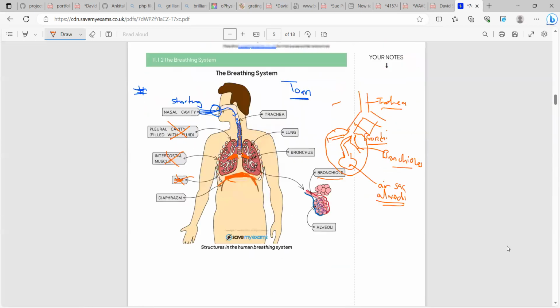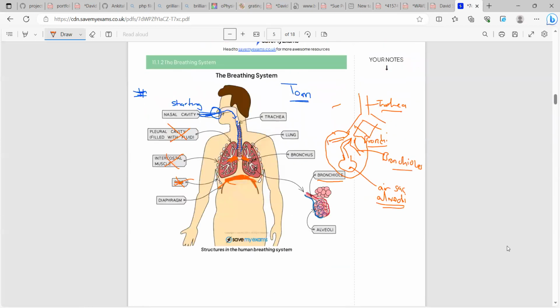I'm going to need to use this diagram again. So the main entry point is what? That's the nose, right? So we leave the mouth to the digestive system and we start at the nose.